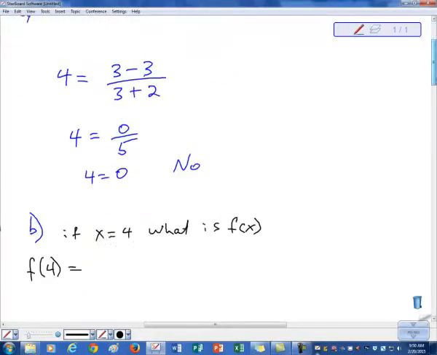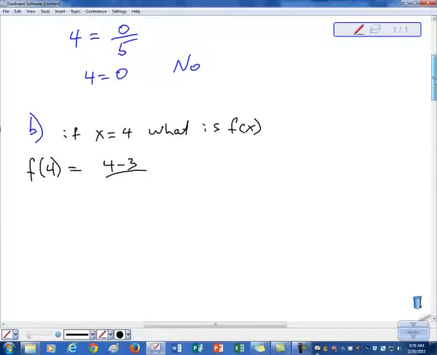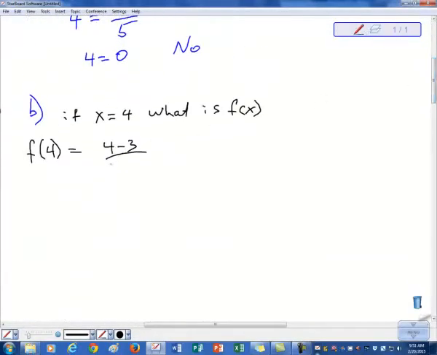4 minus 3 over 4 plus 2. And so we get 4 minus 3 is 1, 4 plus 2 is 6. And it also asks what point is on the graph.